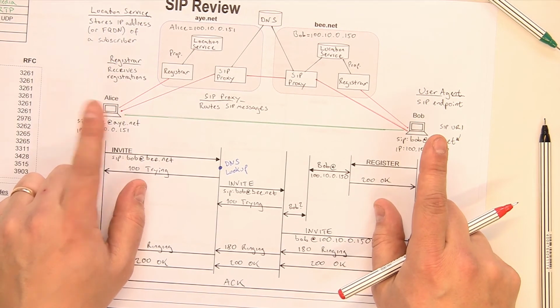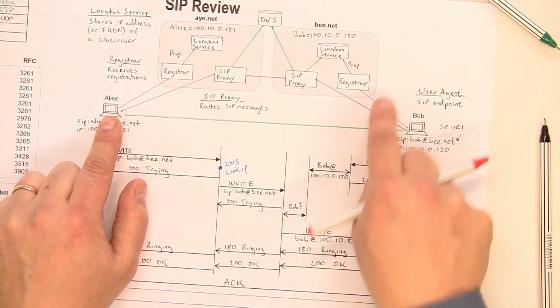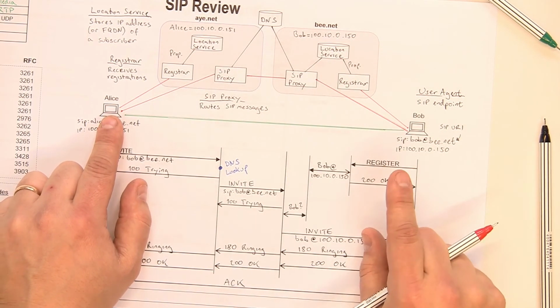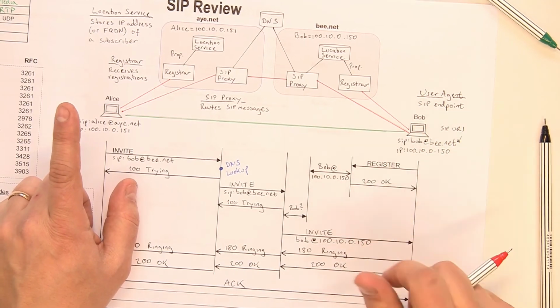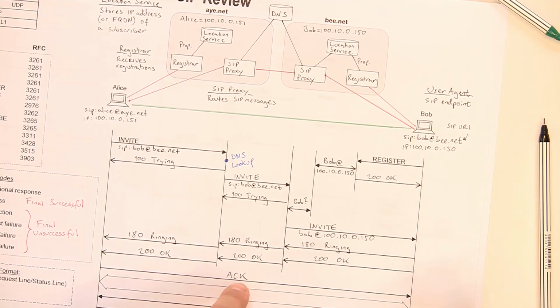So Alice sends to Bob through the proxies to find Bob. That's the purpose of all of this up here. Once they have found each other's IP addresses and everything, they can communicate directly. So they will do that with the ACK if not told otherwise.